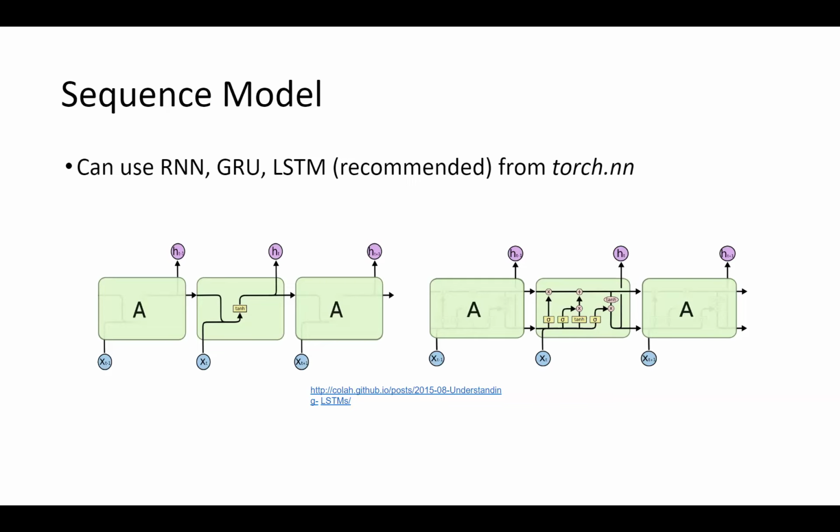Irrespective of whether you choose an LSTM, GRU or RNN, the basic idea remains the same: you pack the padded sequence and then run it through your chosen model. For this homework, we recommend using LSTMs.